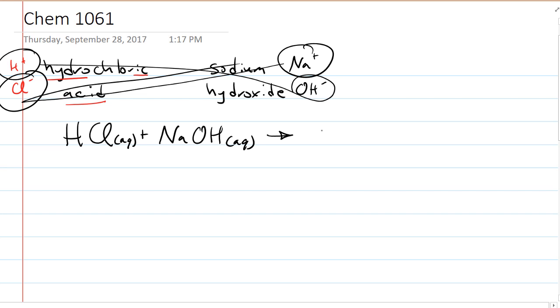Okay, so sodium hooks up with chloride, we get NaCl. Phase label is going to be aqueous, as of course this is salt. What do we get when we put H+ with OH-? H2O, that's HOH. The phase label of water is liquid, not aqueous.